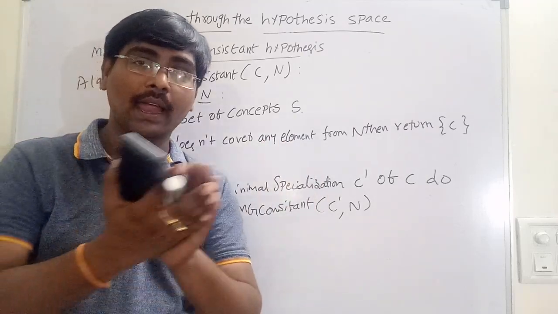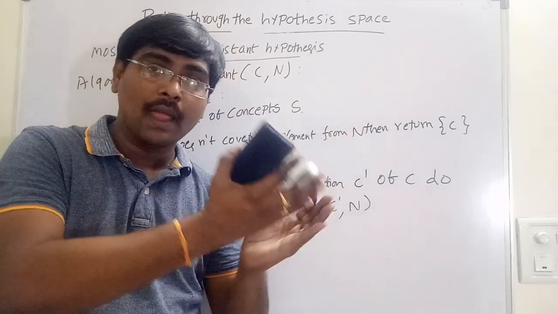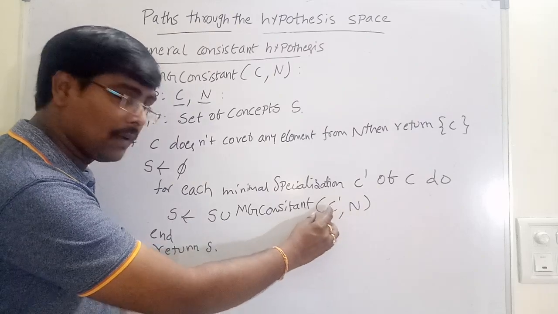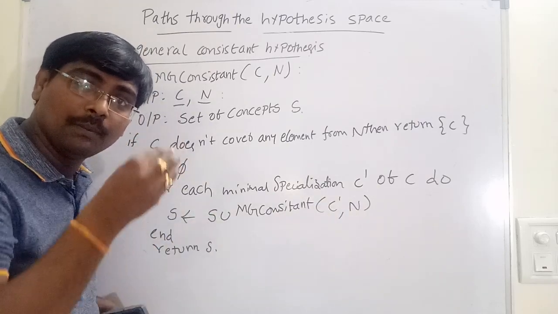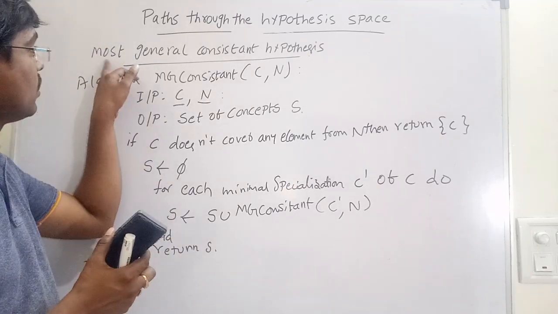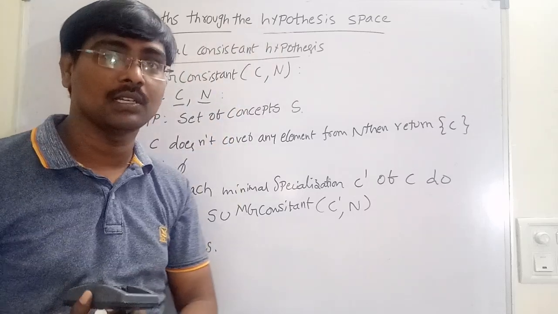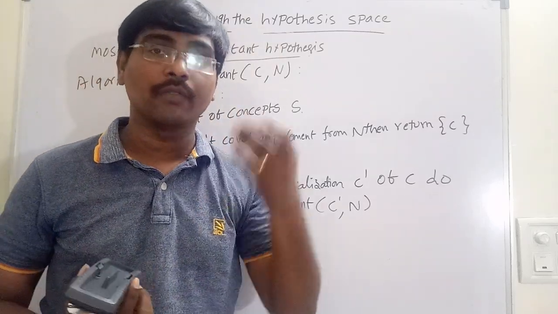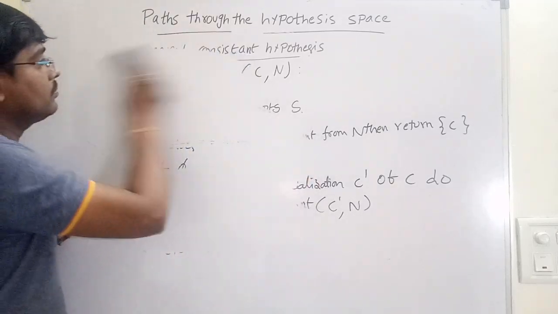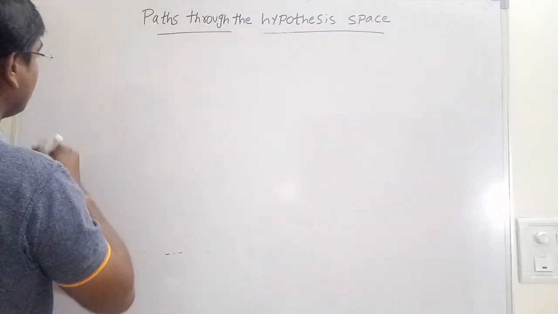Step by step, we are adding one literal to the given set of literals, until it is the minimal least specialization. So this one is called the most general consistent hypothesis. Now one more point is closed concept.